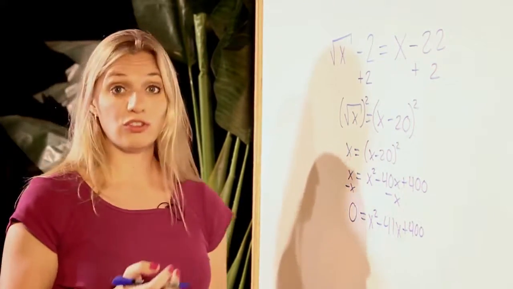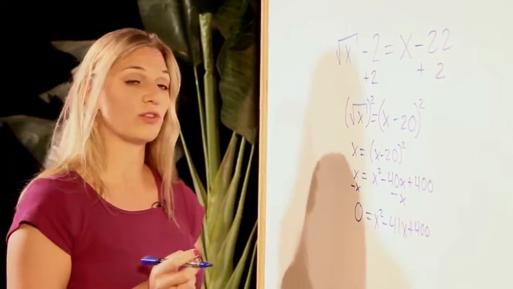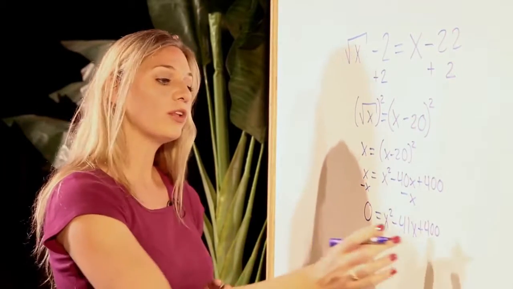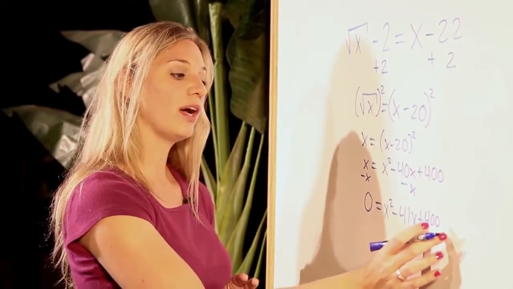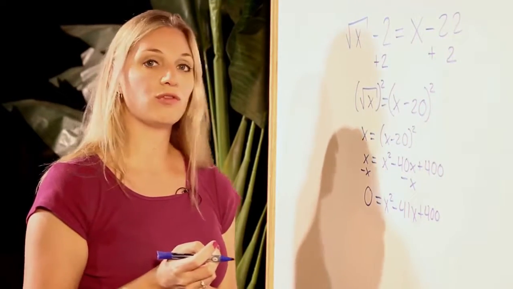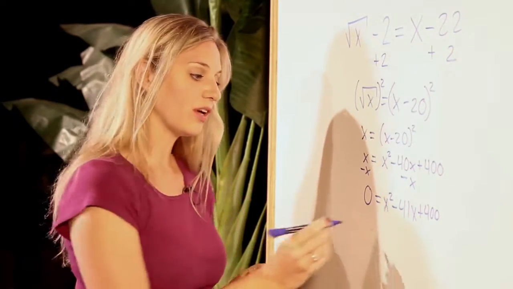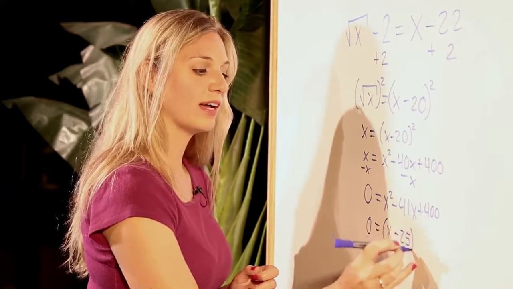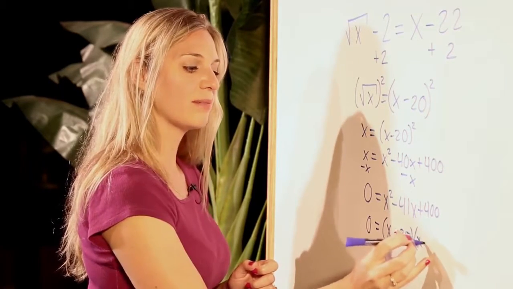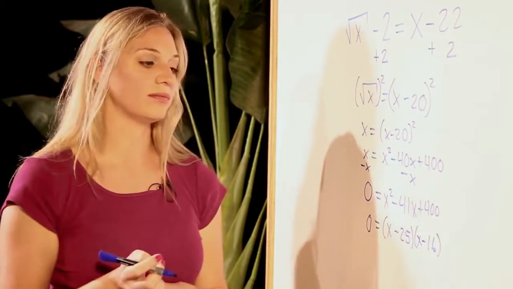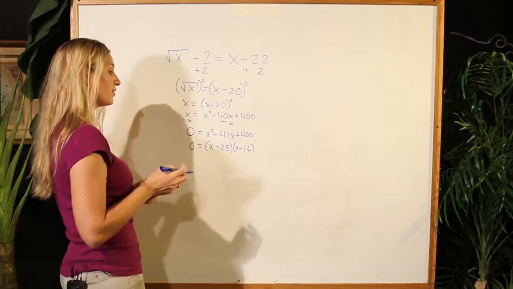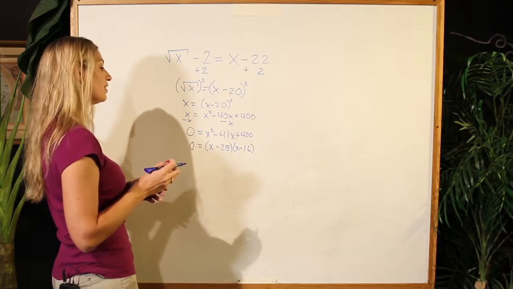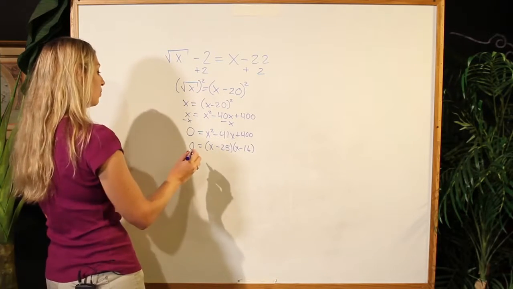Now, at this point, we can choose to either factor or to use the quadratic formula. This particular equation is able to be factored. When we're looking to see what would multiply to give us 400, but add to give us negative 41, we would have the result of x minus 25 as well as x minus 16. 25 times 16, both negative, will give a positive 400, and a negative 25 plus a negative 16 will give a negative 41.